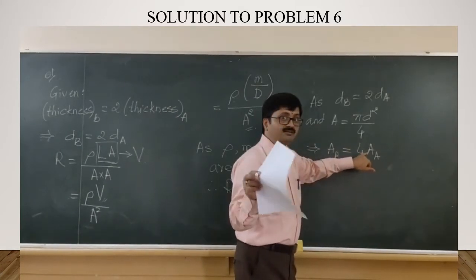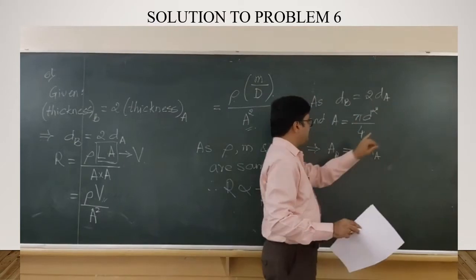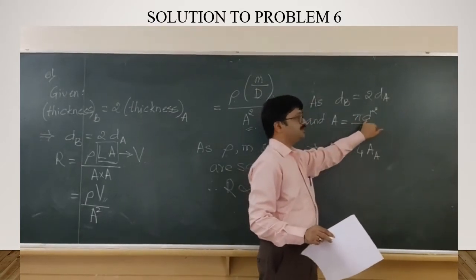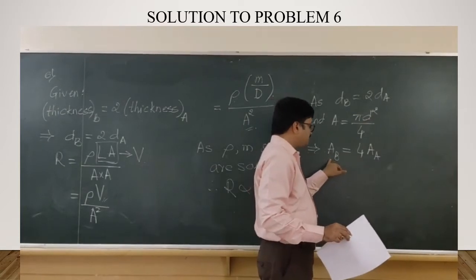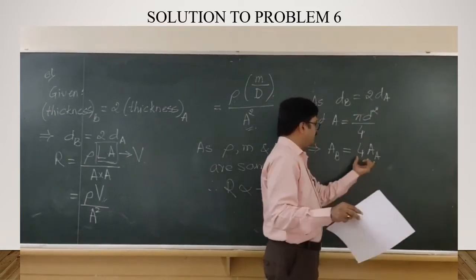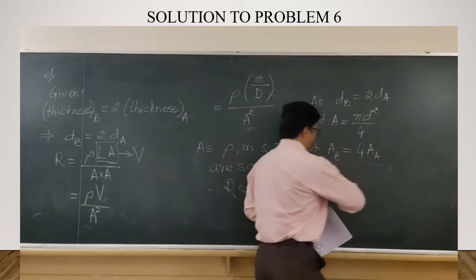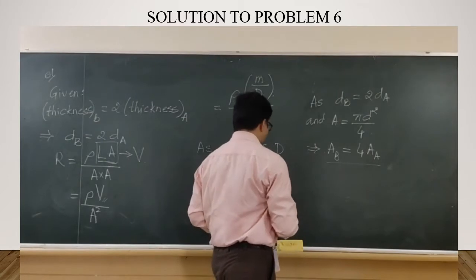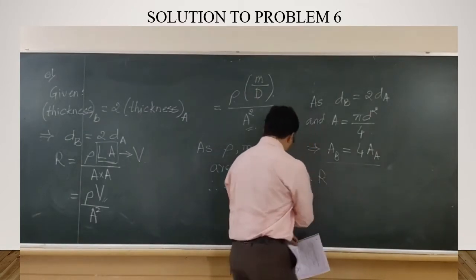Why we have done this, I hope you can understand. dB is 2 times dA and A is proportionate to what? D square. So AB must be equal to 2 times dA whole square, which is 4 times A. Okay, so thus we have obtained this. AB is equal to 4 times A, therefore R is proportional to 1 by A square.